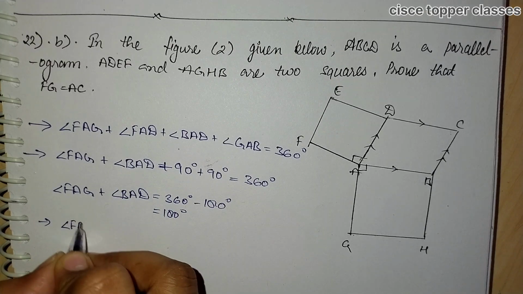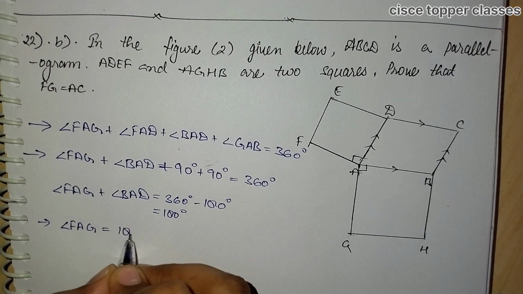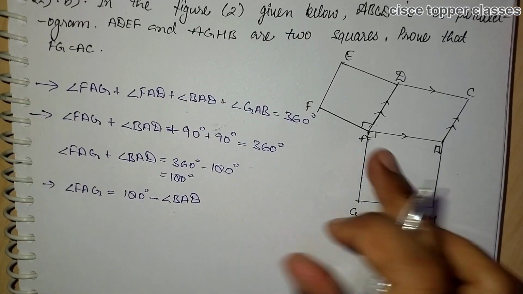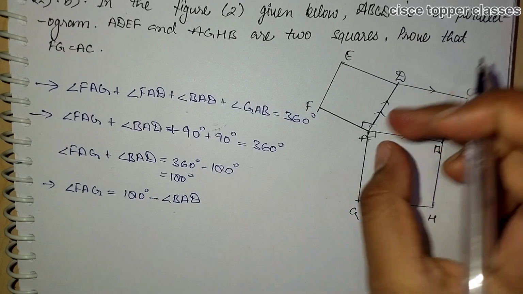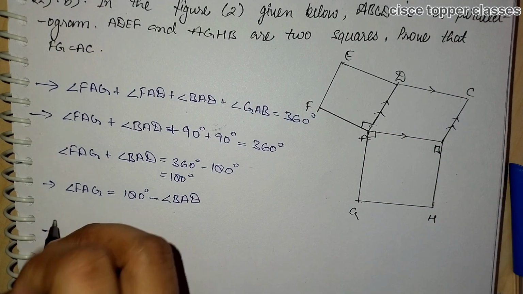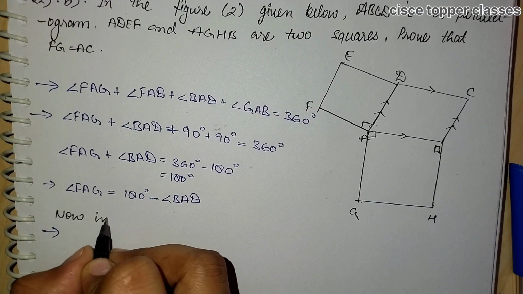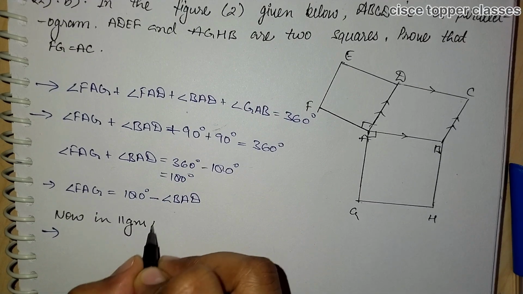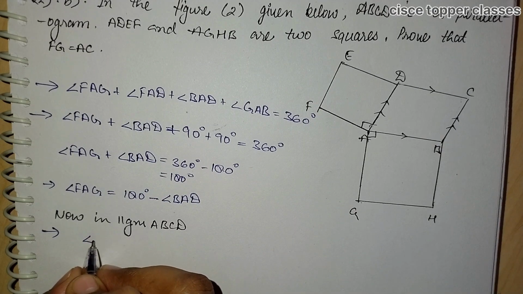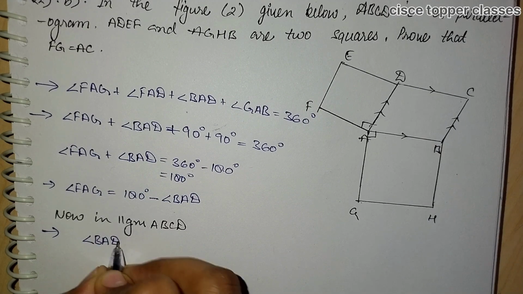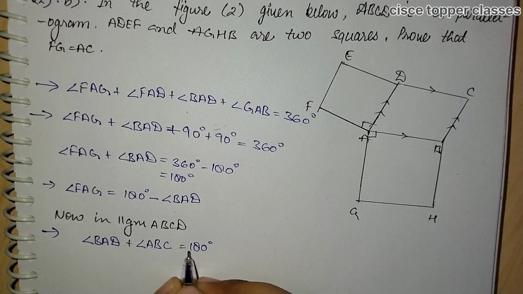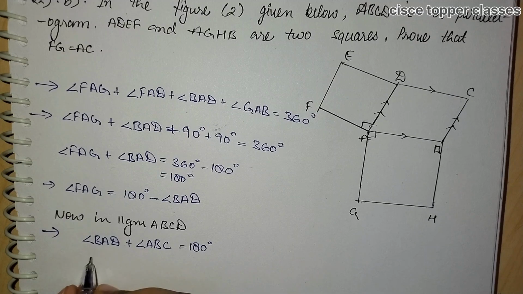Now we can write angle FAG is equal to 180 degrees minus angle BAD. Now in the parallelogram ABCD, the sum of two adjacent angles is 180 degrees, so angle BAD plus angle ABC is equal to 180 degrees, as the adjacent angle sum in a parallelogram is 180 degrees.